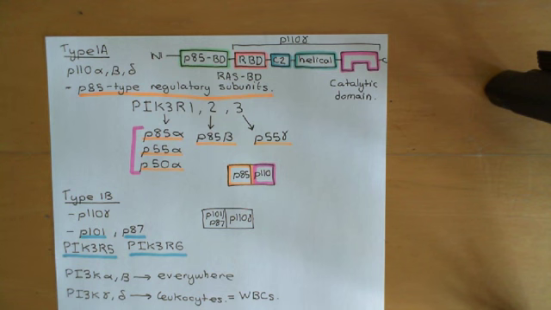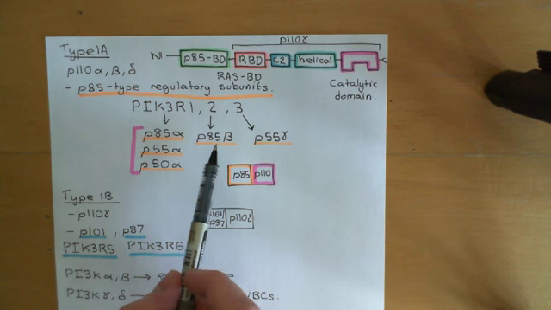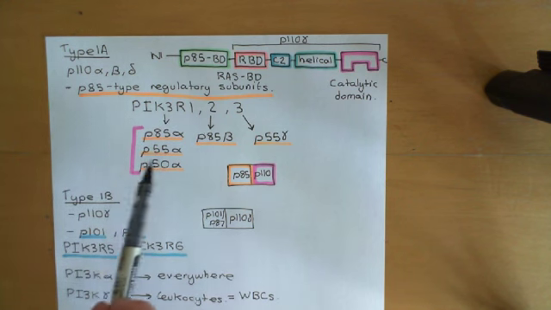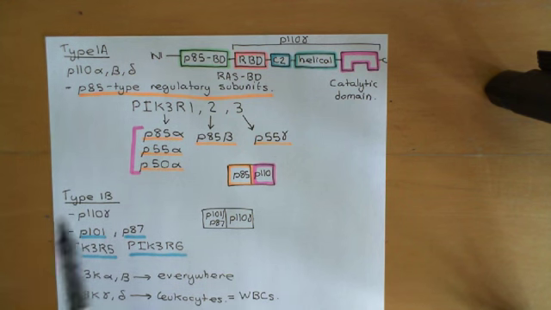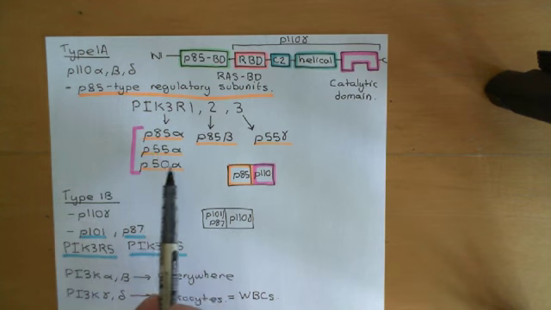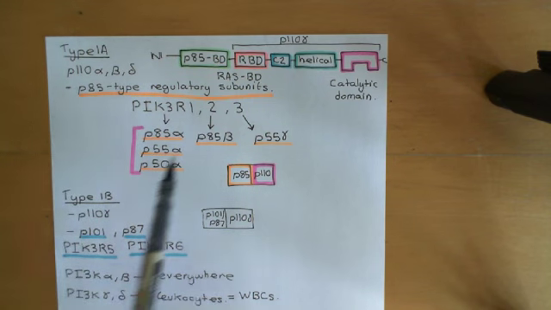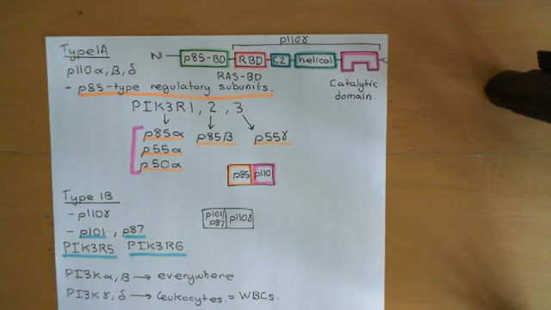Now this is where it differs depending on what size you are. Okay, so the P85 ones are longer than the P55 ones and the P50 ones. Okay, and these have additional domains that these three don't. So P85 alpha and P85 beta are bigger, they have more domains than P55 and P50. Okay, the P55s and the P50 have all the same important domains.